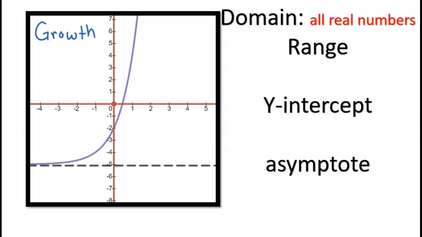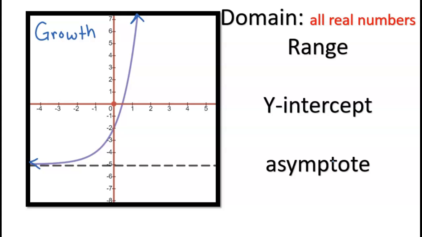Now, I clipped this picture out of Desmos. Desmos does not put arrows on the end, but if it's going all the way to the edge of the graph, we can assume that it's supposed to have arrows on the end. Because it's supposed to have arrows on the end, that's why the domain is all real numbers.